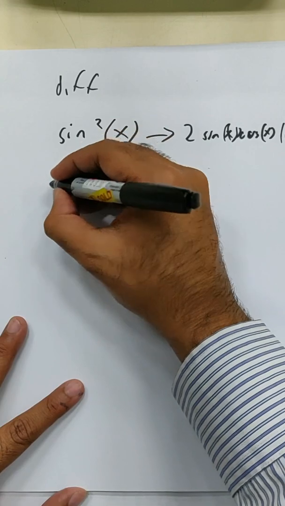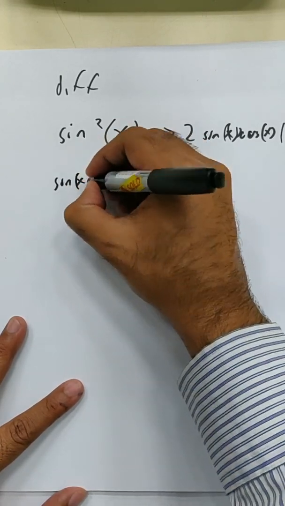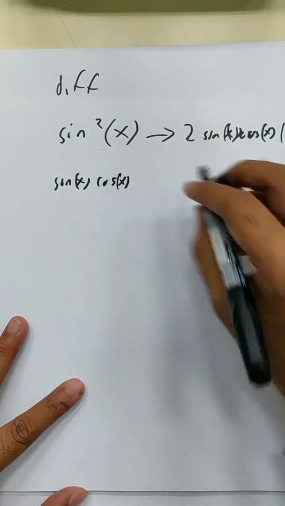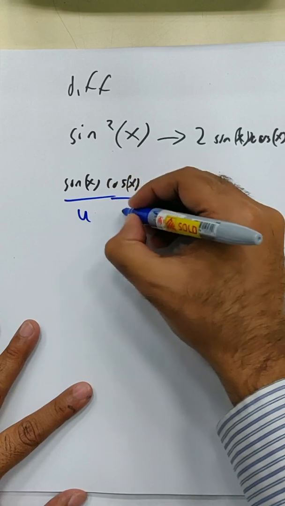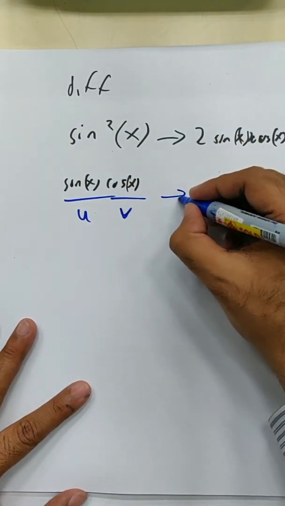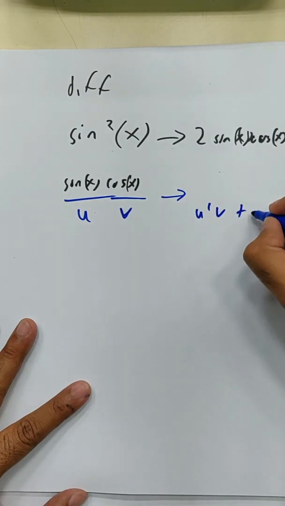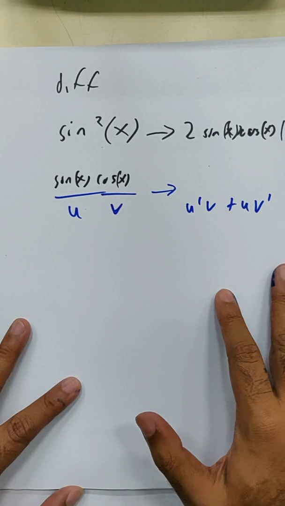And if I give you something like sine x cos x, can you differentiate it? Yes, you're right, I can do product rule: UV, so you get U prime V plus UV prime, which we are not going to write down. You get the idea.